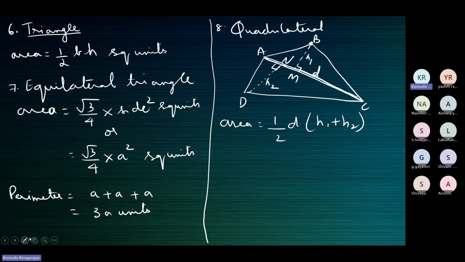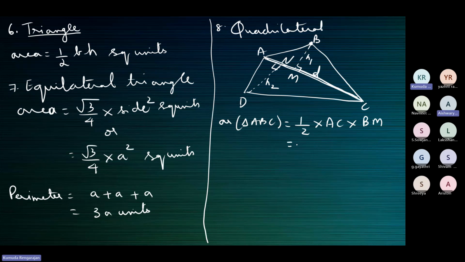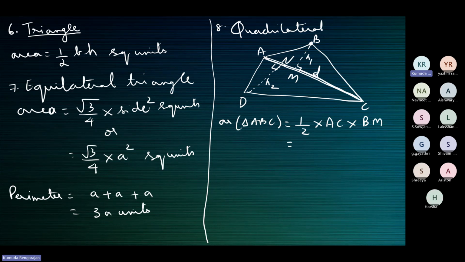Okay, let's understand how we get this formula. One second. Let me write that for you. So what is the area of triangle ABC? Using half base into height. Half into base AC into height BM. Area of triangle ABC is equal to half into AC into BM.